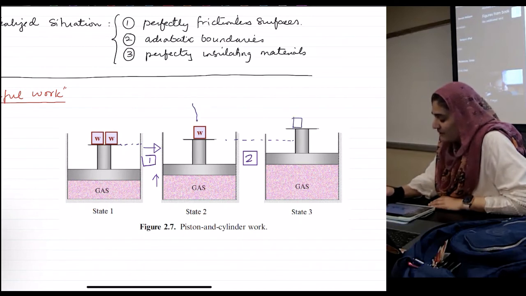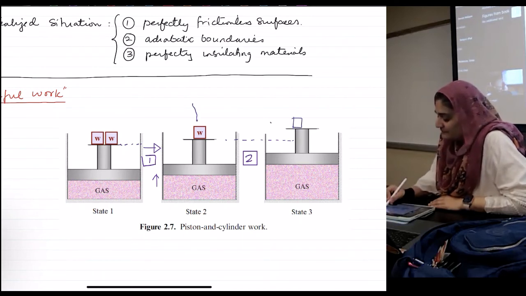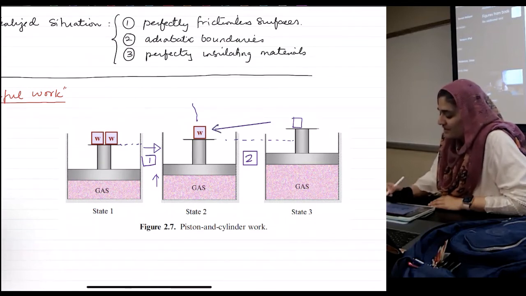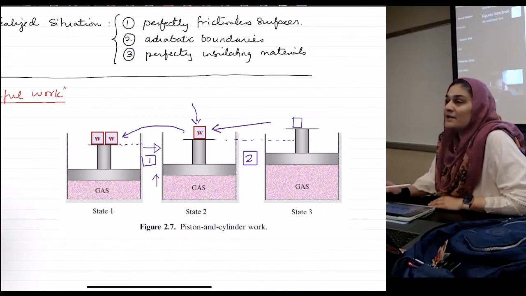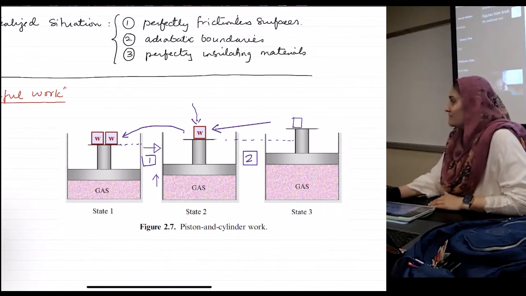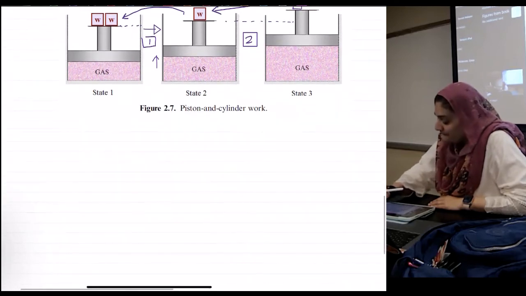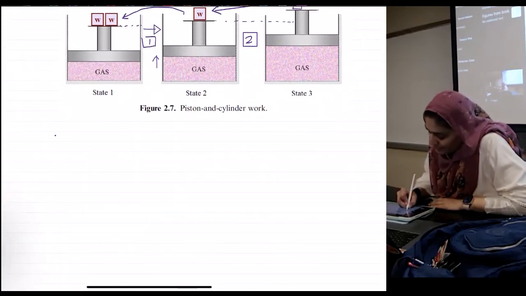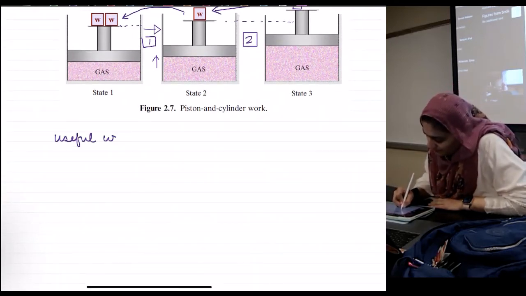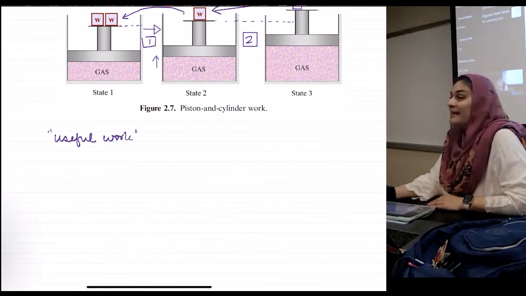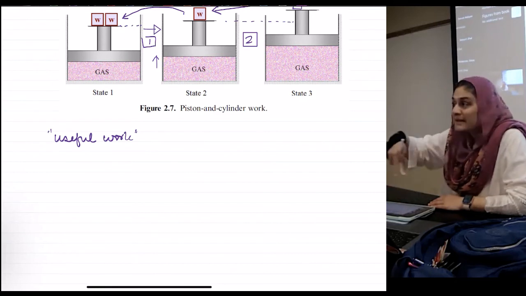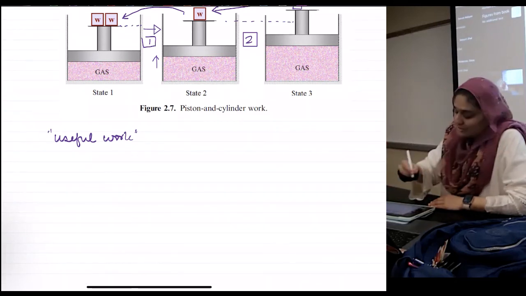Now, what happens if I put this weight back on? Like here, I put one weight back on. What will it do? It will fall down to the state. What if I put another weight down here? It will fall back down, right? This kind of transformation is called cyclic. Where I could do useful work in some parts of it, but then by repeating it, I can bring it back to the original.